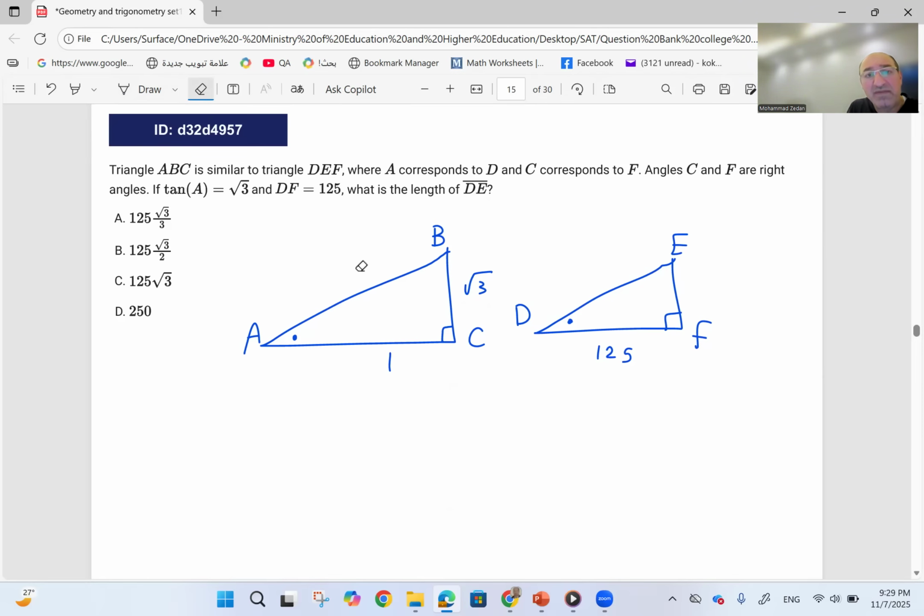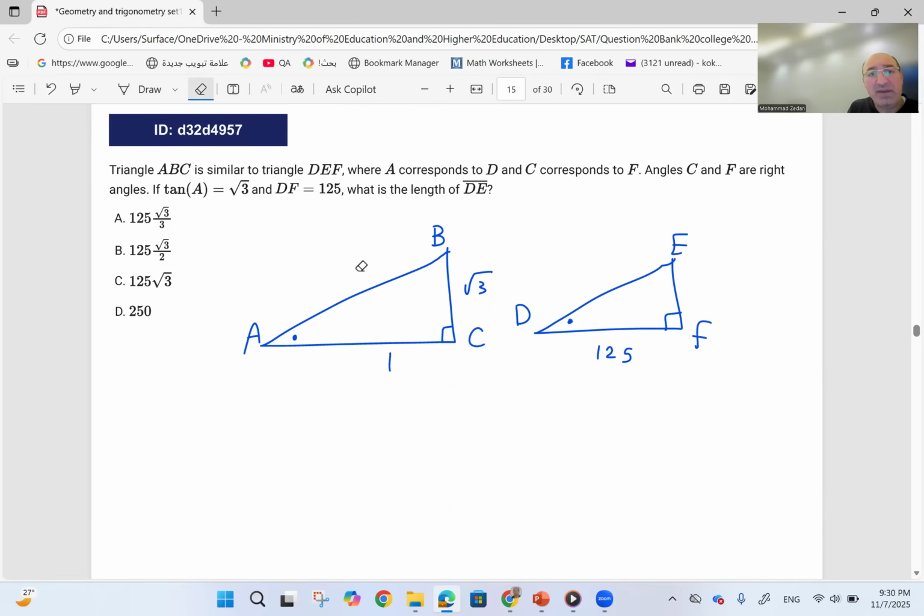The tangent is just a ratio between sides, not actual length, in question number 15. So if you want to find the length of DE, you have to find the length of AB first.